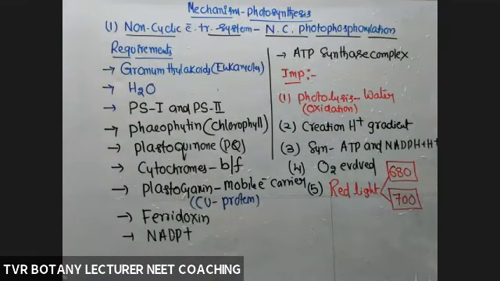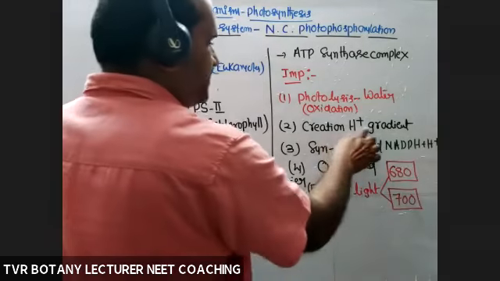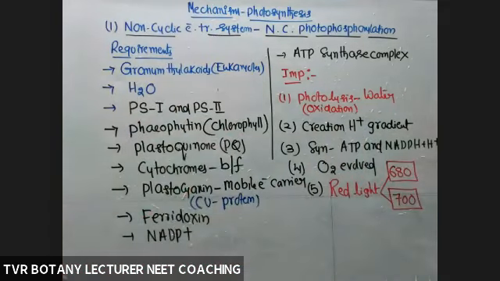So what are the main important areas? Photolysis of water, creation of a proton concentration gradient, meaning H plus gradient. Synthesis of ATP and NADPH plus. Evolution of O2. Light required, red light, quality of light. And what about the wavelength of light? 680 nanometers, 700 nanometers.